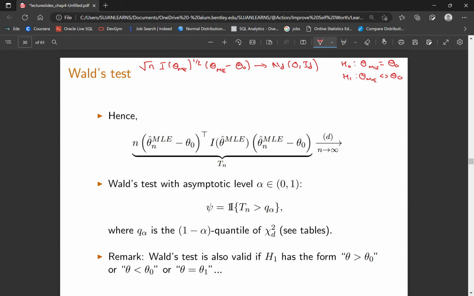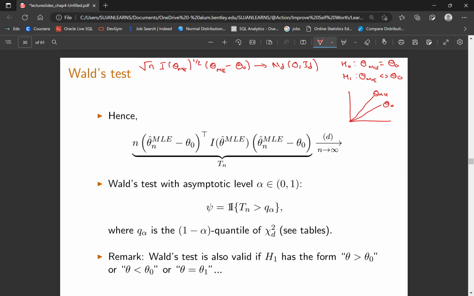Now, to understand a bit more about the concept and theory, how do we measure the distance between this theta MLE and theta naught? Let's draw a diagram here: this is theta MLE and this is theta naught.